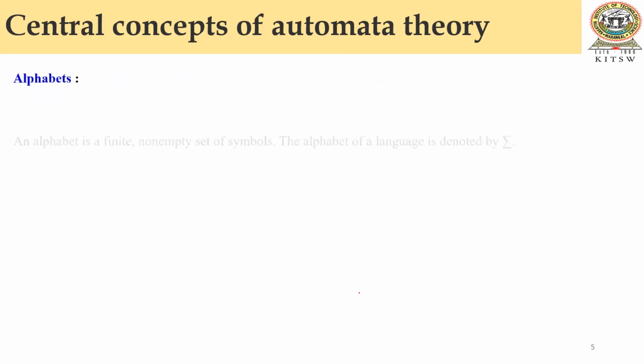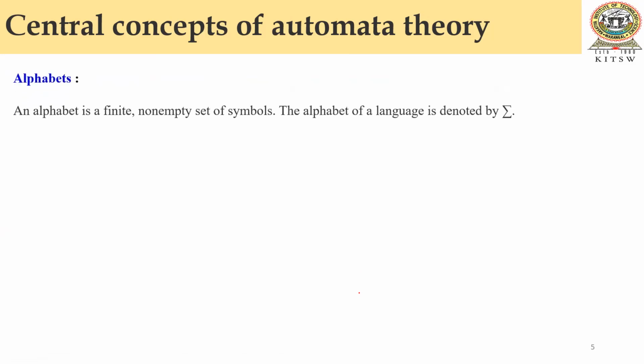Next one is alphabets. An alphabet is a finite, non-empty set of symbols. That means there must be a countable number of symbols, and it is a non-empty set of symbols. The alphabet of a language is denoted by sigma.